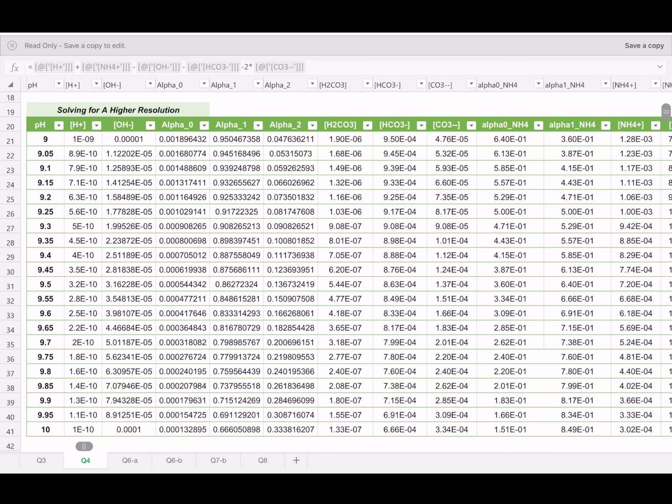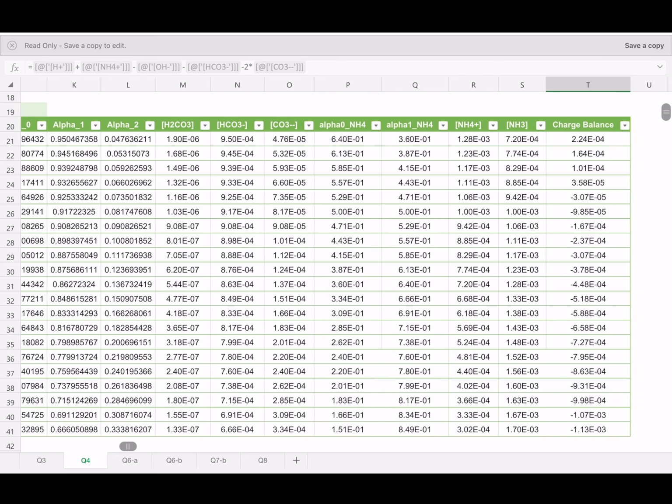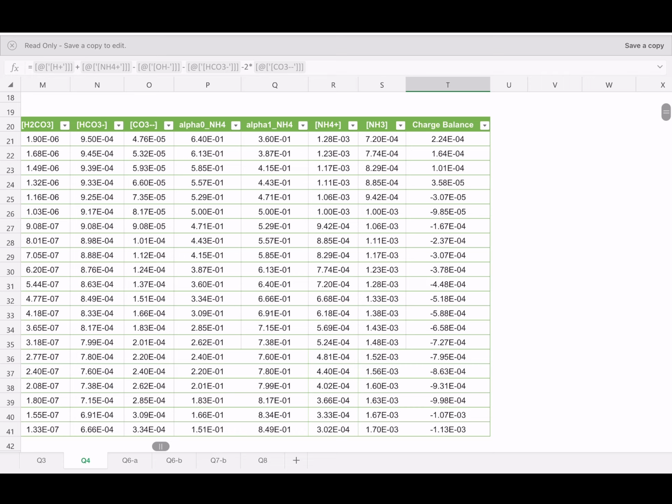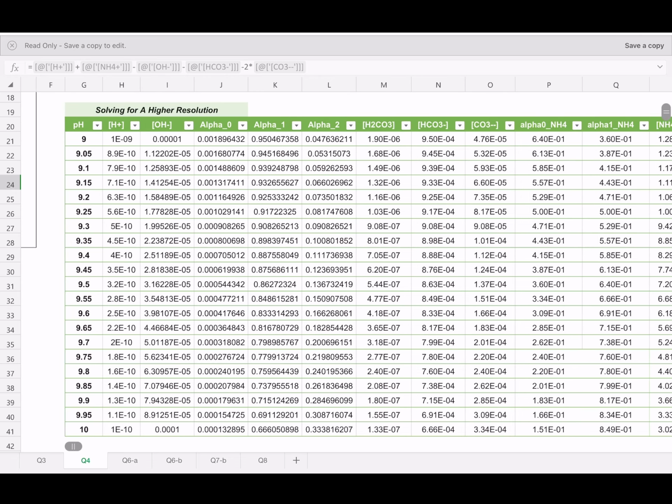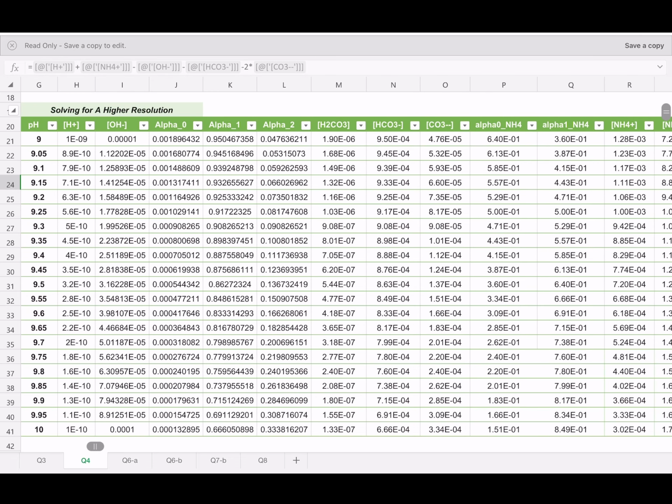So what is happening here? The second table is basically doing the same thing, alpha values and concentration values, but we zoomed in, and now when we look at the table, we see that the sign is changing between pH of 9.15 and 9.2. So the pH is somewhere between 9.15 and 9.2, and that's a pretty high resolution.